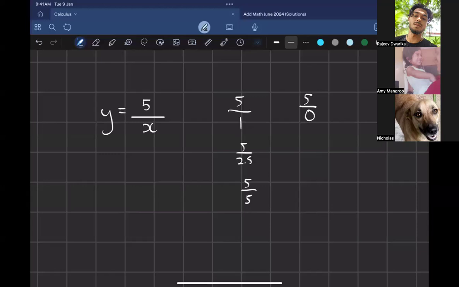If you ever get a question and they ask you to state the value of x where the function is undefined, they will ask this in maths and hard maths. You're looking for the value of x in the denominator that would make it 0. Let me give you an example.